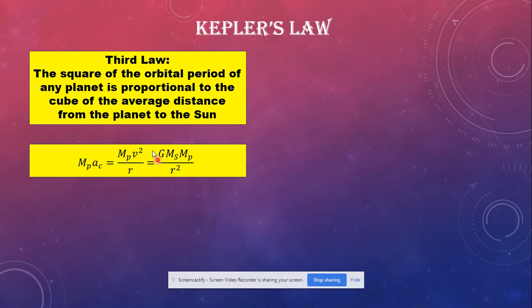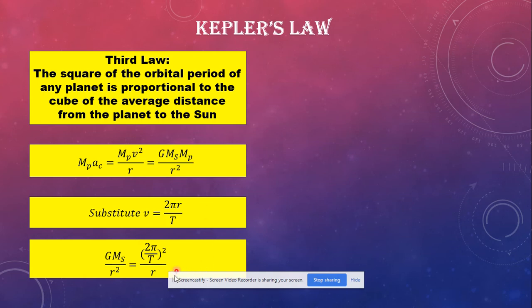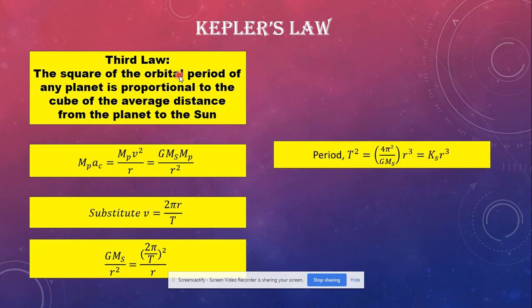This force is also equivalent to the gravitational force that we just learned in this chapter. So by substituting v equal to 2 pi r over T, where T is the period, I can get a new expression of this equation. And by rearranging all these equations, you will get the equation that is the statement of the third law, which talks about the orbital period.